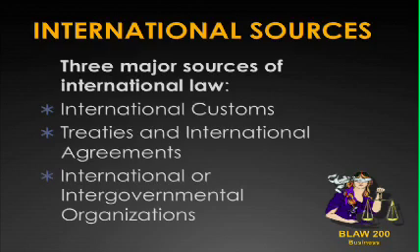So we'll see that when we're talking about international law, we're talking about something that's different in some important regards than when we're talking about national law, because we don't have an enforcement body. We don't have someone that can enforce international law, for the most part, in the same way that we would enforce national law.